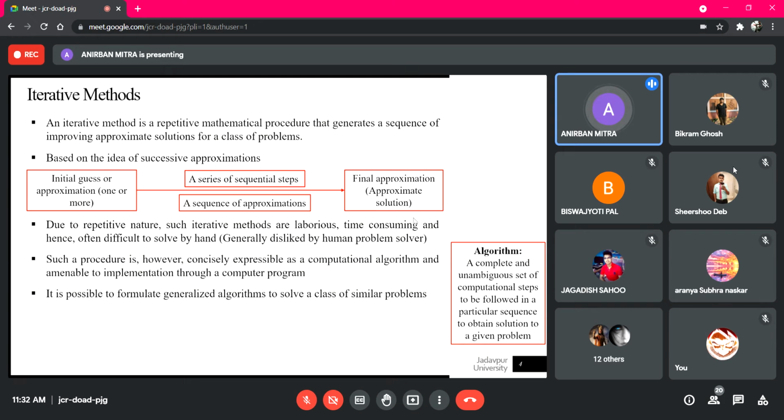And according to that, you can design your code in such a way that it will be able to handle various different values of this parameter n, where n is the number of equations. So that is what is meant by generalizing these algorithms to solve a class of similar problems.